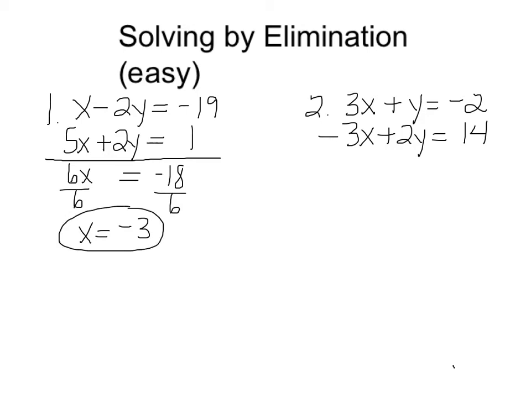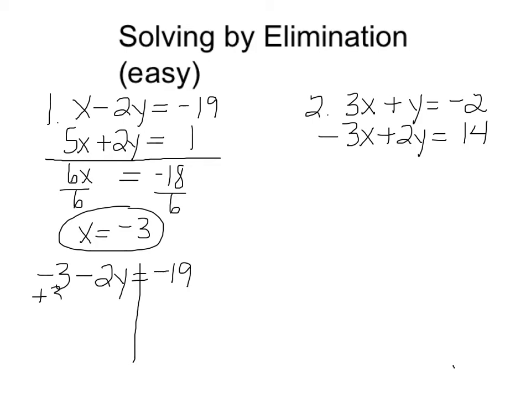I'm halfway done. So now what I need to do is plug x equals negative 3 back into one of those two original equations. You decide whatever one you think's easier. I'm going to plug it into the top just because. So I'm going to have negative 3 minus 2y equals negative 19. This is a two-step equation, so let's be careful solving it.